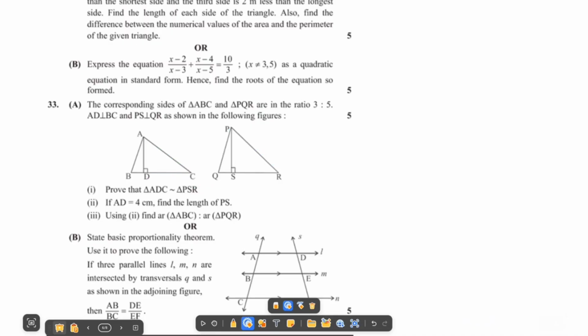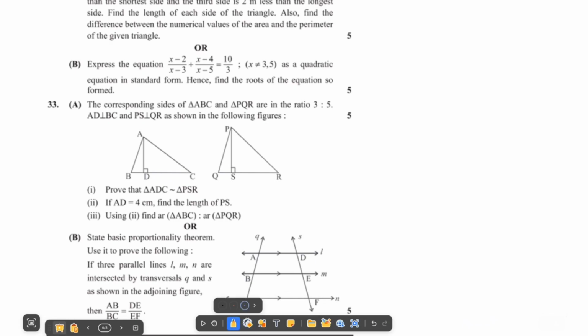That is the first one. Second, if AD is 4, find the length of PS. So we need to find the length of PS using the second result. After finding PS, find the area of triangle ABC to the area of triangle PQR, so we have to find the ratio of these two triangles.